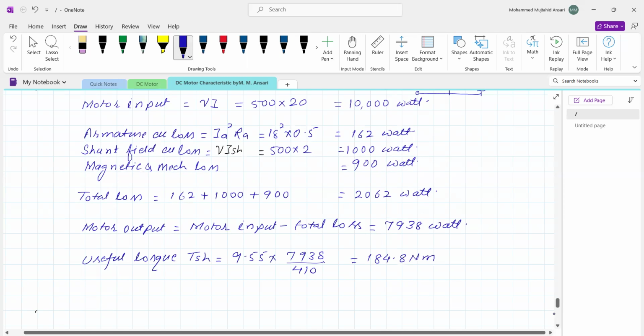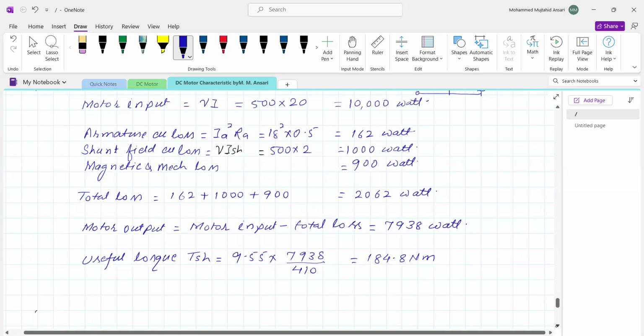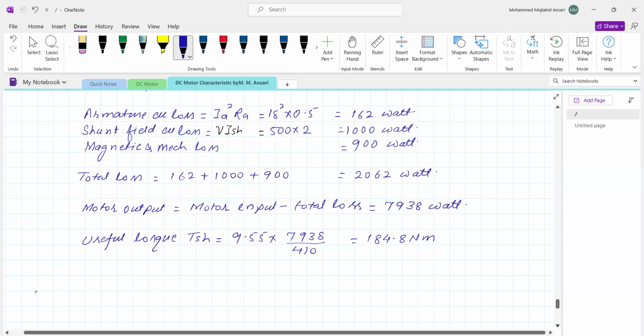Now see, the torque developed by the motor, that is the armature torque, is 206, whereas the shaft torque or useful torque is 184, which is smaller. It means that there is a power loss in the DC motor, the mechanical losses.